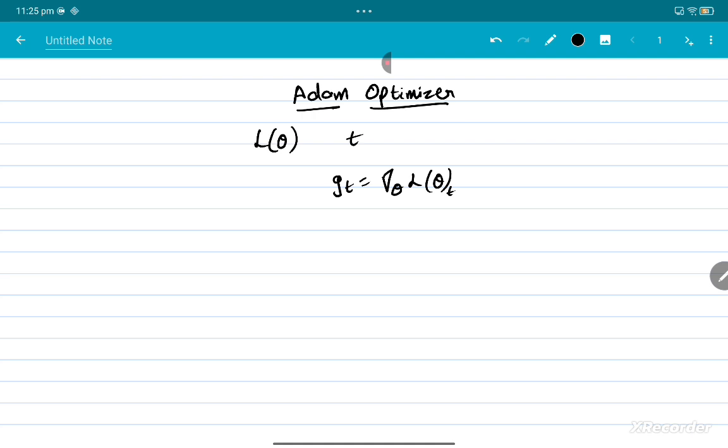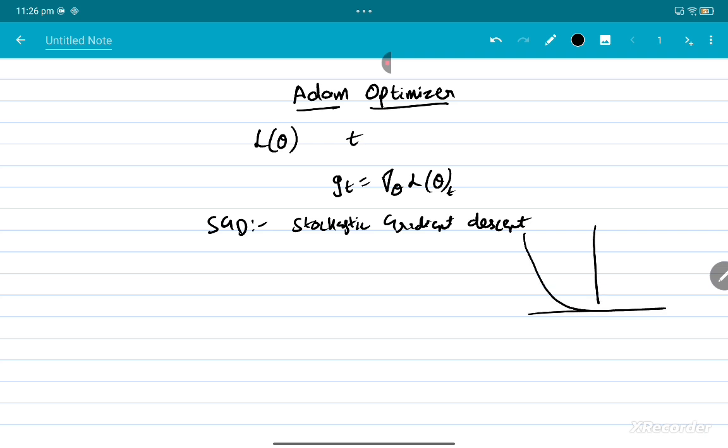In plain SGD, which is stochastic gradient descent, every parameter is updated with the same step size. Let's say we have this loss function, this is theta, this is loss.